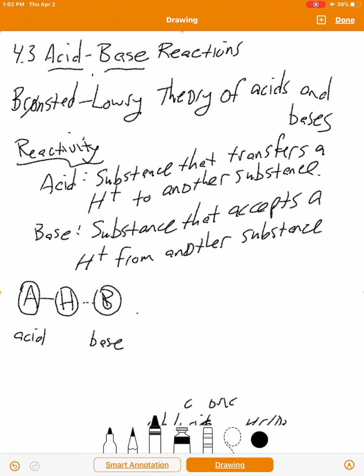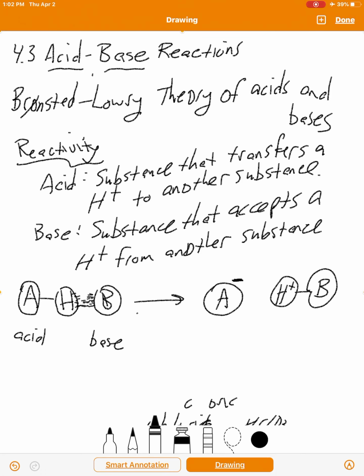Essentially what happens is these two collide. The hydrogen collides with the base, and in the process, a hydrogen ion is transferred to the base. So what ends up happening is the A takes a negative charge, and the H takes a positive charge, and now forms a bond with the B. Okay? So what's happened here?